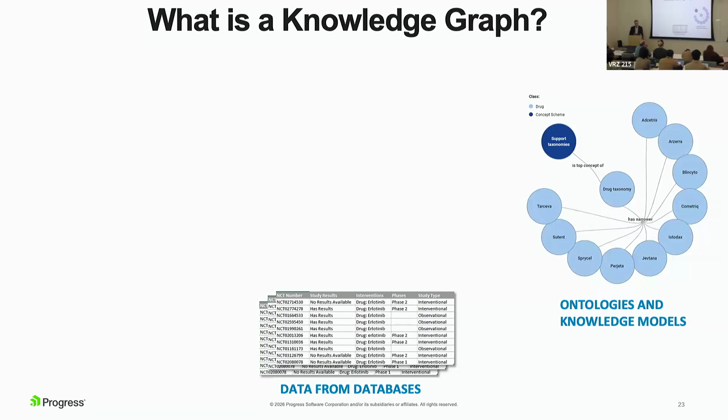Another example, from the other perspective: we're working with a very large knowledge graph project where they're trying to work with millions of rows of data from all kinds of different sources, very heterogeneous, and sometimes they don't even know what it is. So they're using many ontology models, public models.